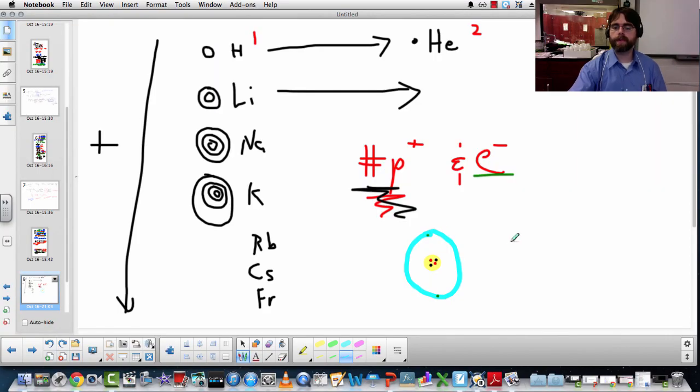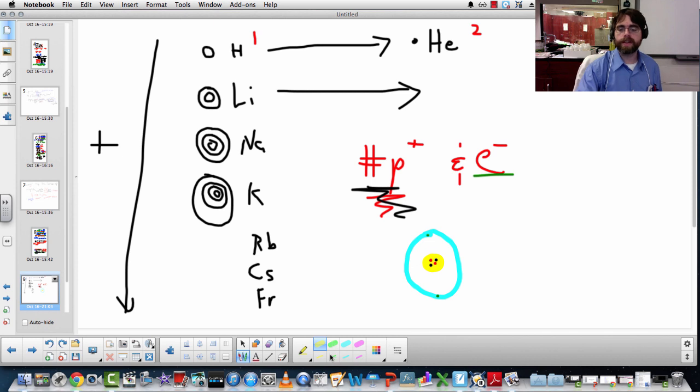And so as they orbit around, they don't help one another out, they don't protect one another from the protons to any significant extent, but the protons in the center, they gang up on those electrons, and they make it so that these electrons feel the full pull of the full nucleus, and that's what makes atoms smaller as you go across the periodic table.